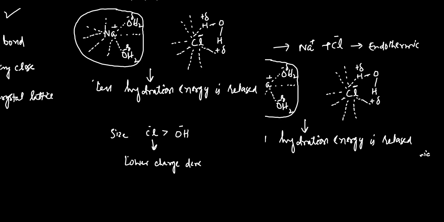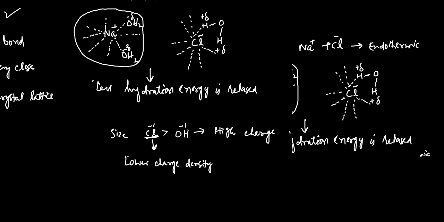Why? The charge is the same, it's -1 here and -1 here, but when the size is big, it means the charge is spread over a large surface area. When the charge is spread over a large surface area, the density becomes less. Hydroxide ion has high charge density because of the small size.